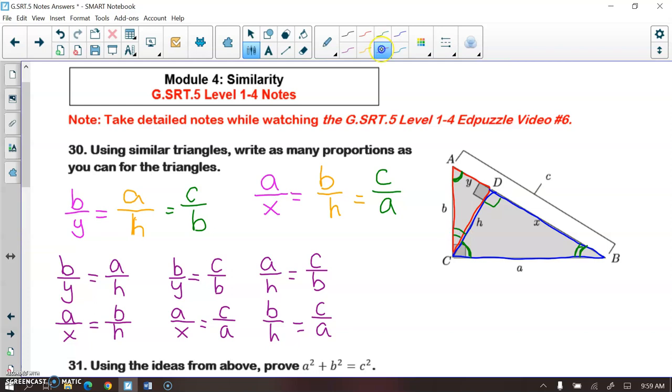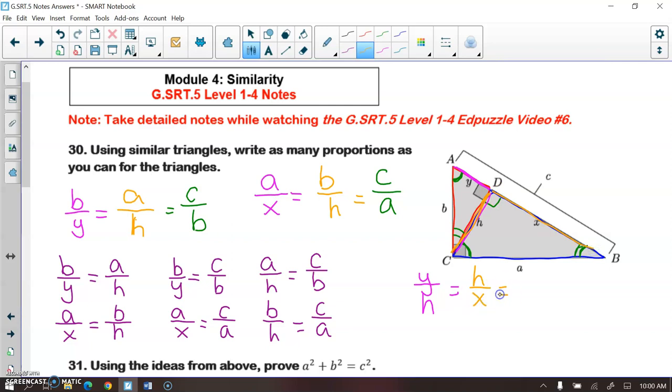So with that information, we can now create 3 more ratios. So the side in between my one arc and the right angle is y, on my blue triangle, that would be over h. Then, on my red triangle, the side in between my right angle and my 2 tick marks is h, over on my blue triangle, that would be x.